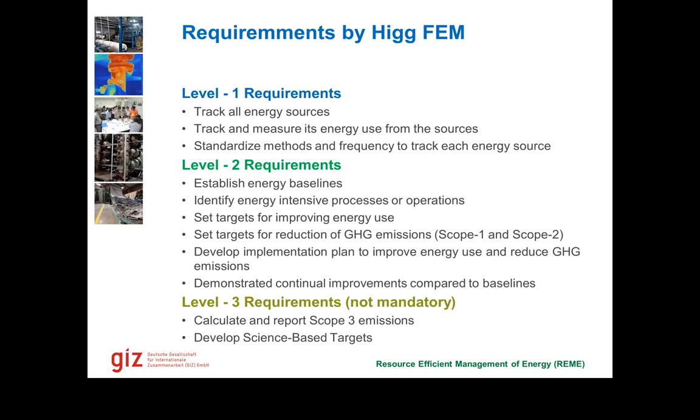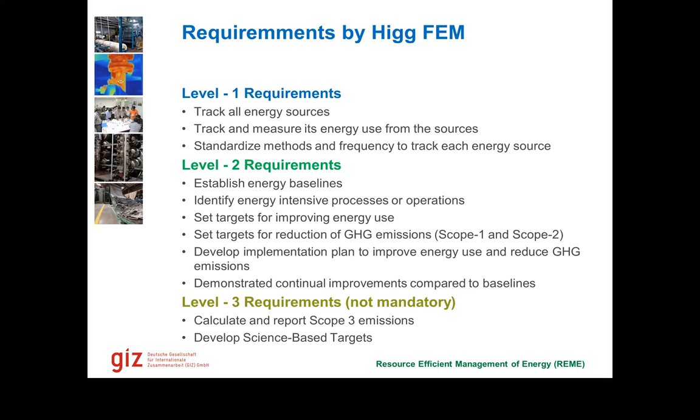In case of energy, level 3 already opens along with level 2, because level 3 is not mandatory, but they can obviously take it step by step. But if they have not completed level 1, usually it is logically not really possible to complete level 2, because if they are not tracking their energy sources and their energy uses, they are not able to comply with the first requirement of level 2, that is establishing baselines, or establishing energy intensive processes or operations.